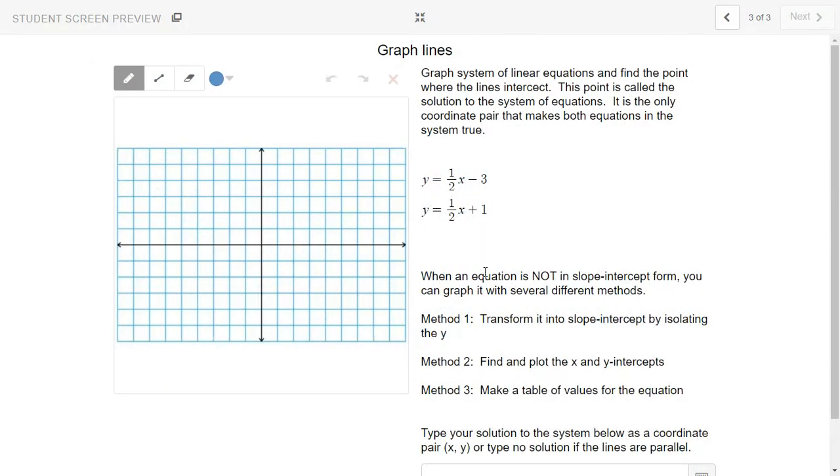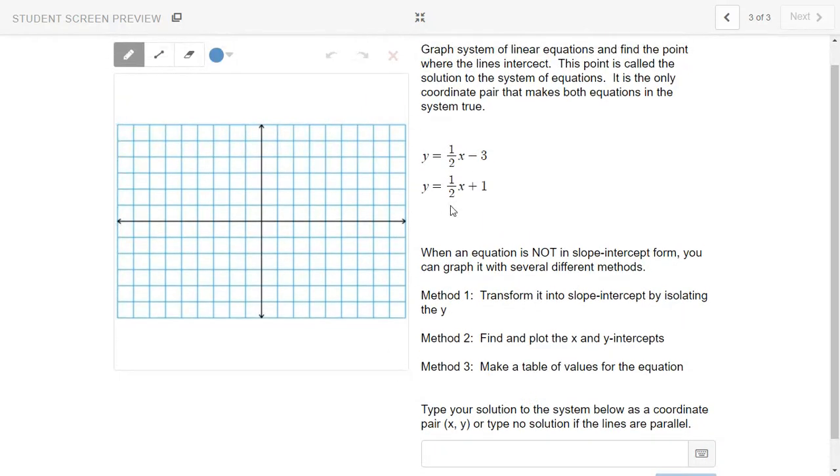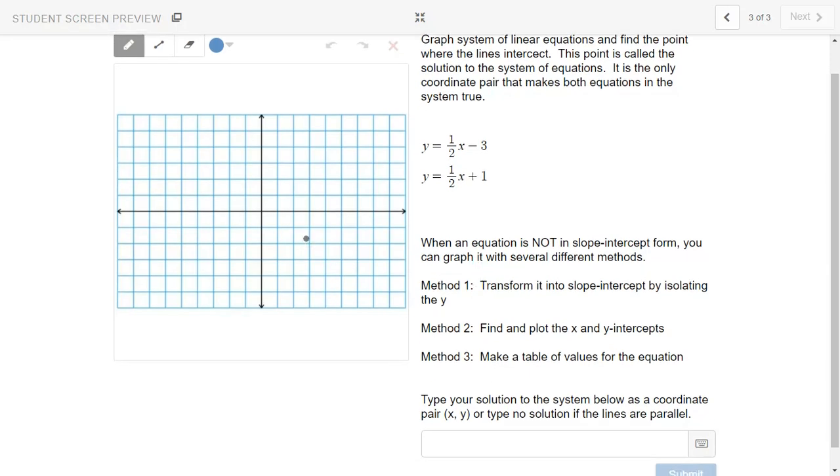is an interesting situation. When we graph both of these, you'll notice something funny. Luckily, they're both in slope-intercept form, so let's get cracking on plotting them. If they're in slope-intercept form, then just rock and roll. Plot the y-intercept of negative 3, and then the slope of up 1 over 2, up 1 over 2.